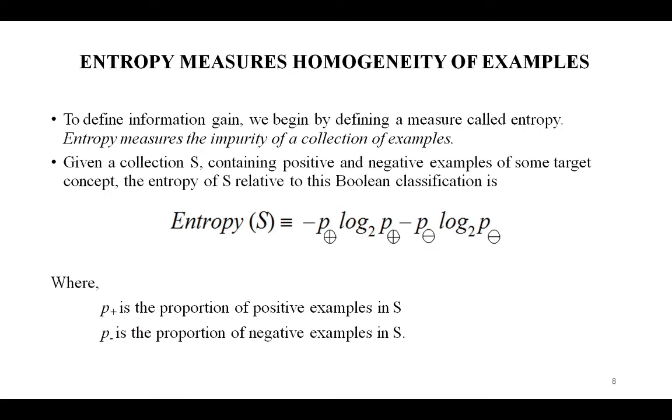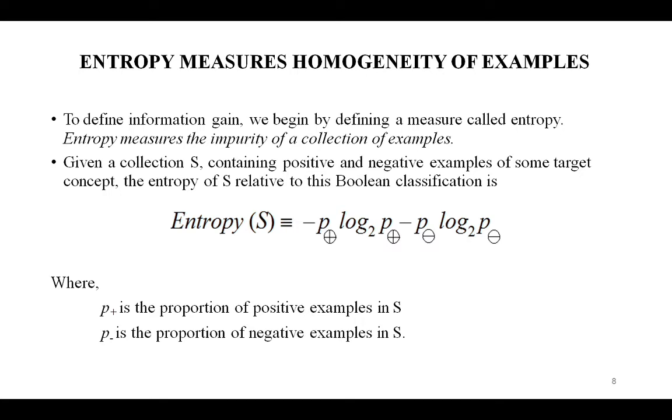Next, entropy measures the homogeneity of the examples. In order to define information gain precisely, we begin by defining a measure which is commonly used in information theory, called entropy. It characterizes the purity or impurity of an arbitrary collection of examples.